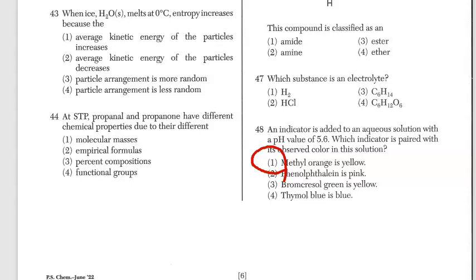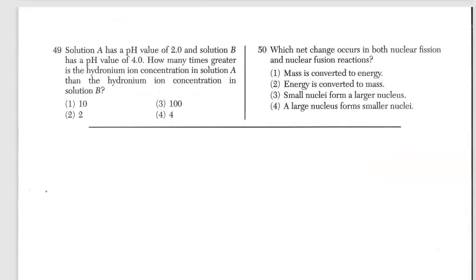All right, for 49, we have a pH value of 2 for solution A. Solution B is 4, and you're asked how many times greater is the hydronium ion concentration in solution A than in solution B. Well, one of the things you always want to keep in mind, as the pH gets lower, the hydronium ion, which is the same as an H plus, the hydrogen ion, makes an acid because you have excess hydrogen ions in solution compared to hydroxide ions.